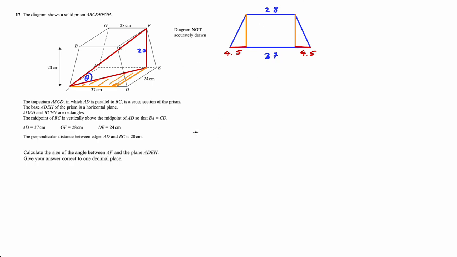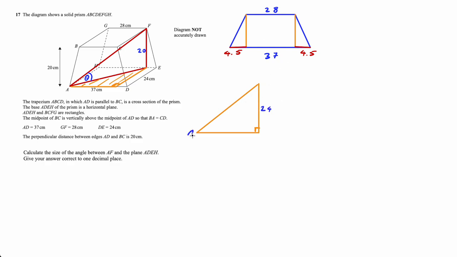So I'm actually going to draw this orange triangle like this. Okay, that's not great, guys, right? Let's try that again. Okay, better. That's a right angle there. This is 24. This is fine. This is 24.